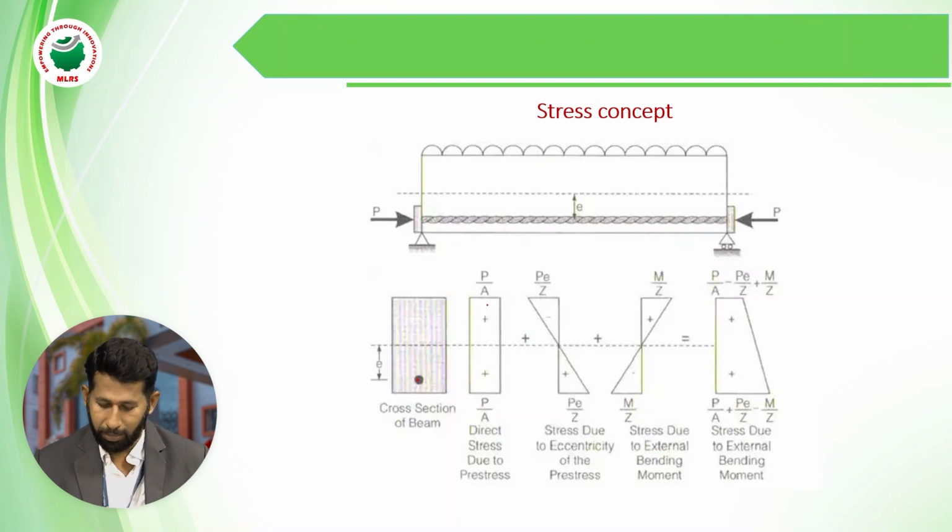These are P/A, Pe/Z, and M/Z. The total resultant stress at the top is P/A − Pe/Z + M/Z, and at the bottom it is P/A + Pe/Z − M/Z, where M is the external bending moment.